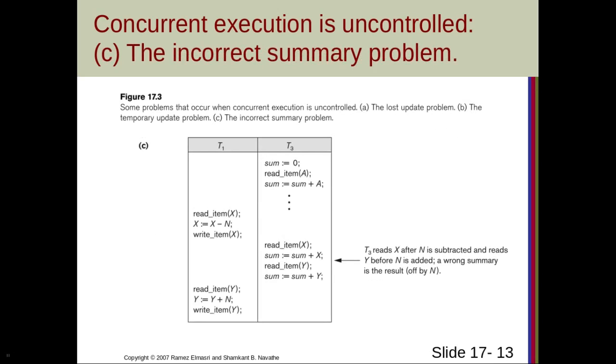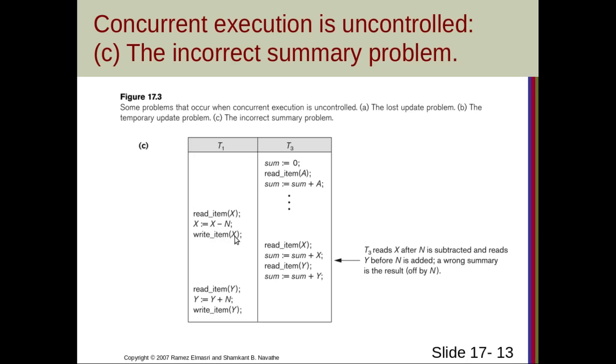This is the example. T3 is continuously calculating the value of the sum, and as far as transaction T1 is concerned, here this is read item x, x is equal to x minus n, and write item x. Here this transaction T1 is updating the value of x, that is decrementing x by n.